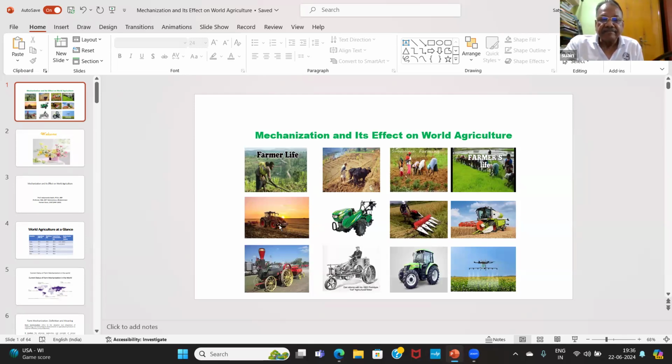Then the tractor came. Then this is a power tiller, and a paddy harvester, this is a combine. Then different types of tractors.